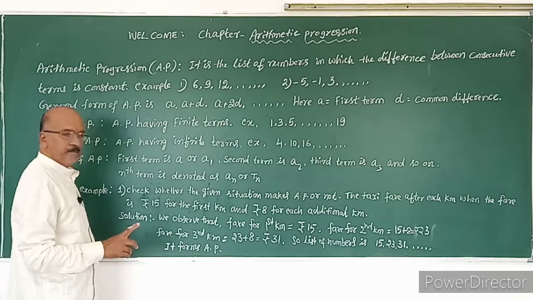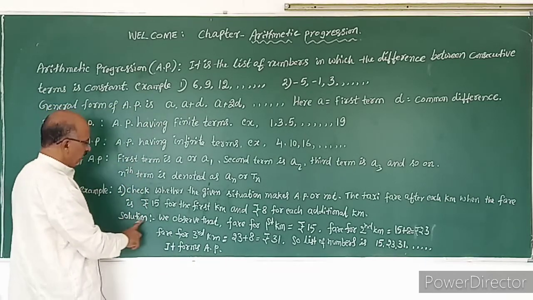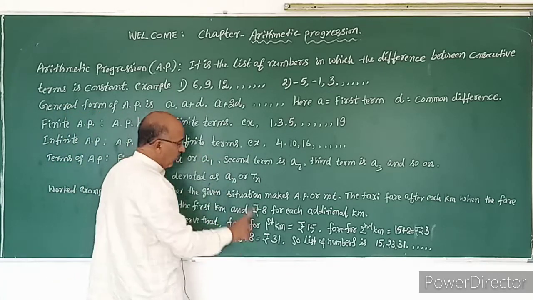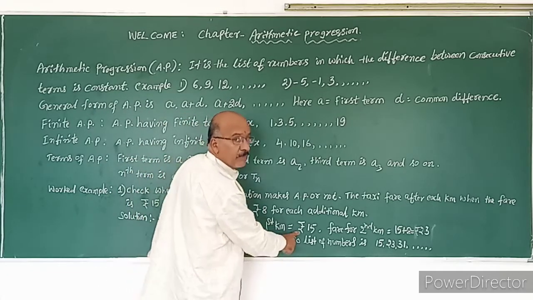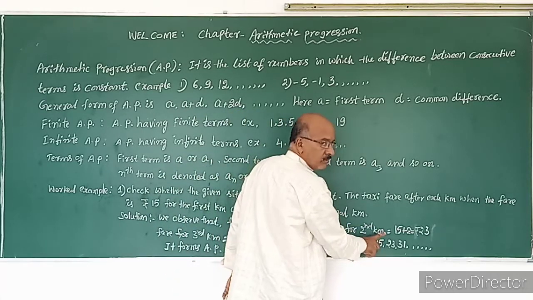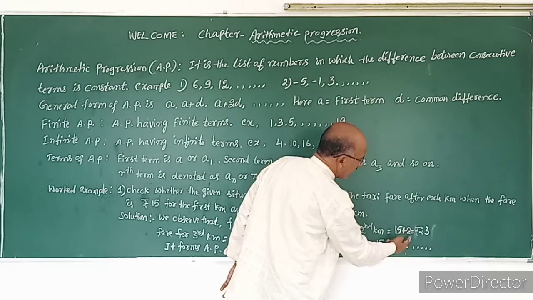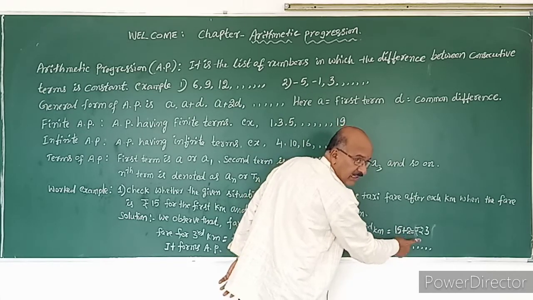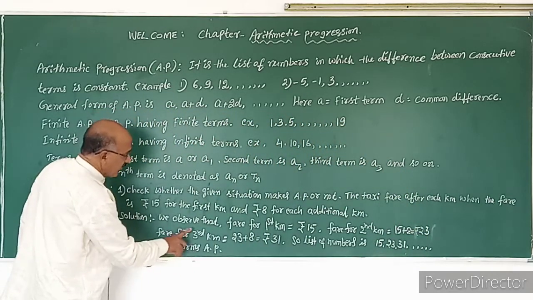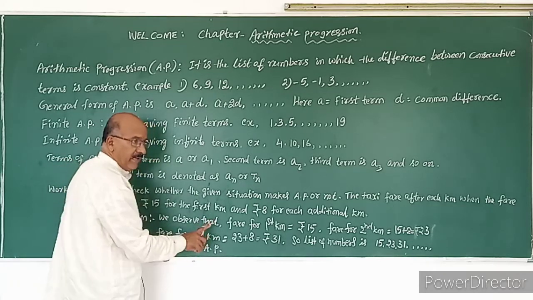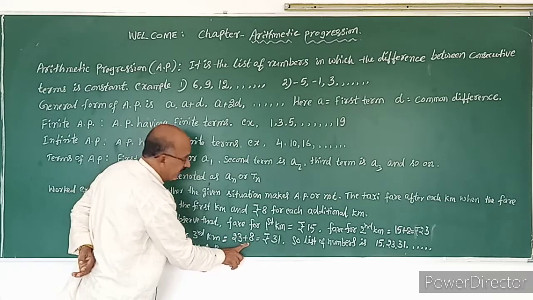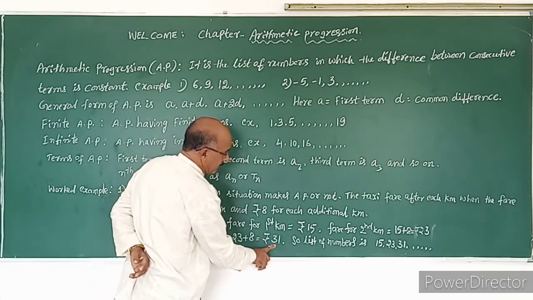In this situation, the solution is, we observe that the fare for the first kilometer is ₹15. Fare for the second kilometer is 15 plus additional 8, that is equal to 23. Fare for the third kilometer means second kilometer 23 plus additional 8 rupees, that is 31 rupees.